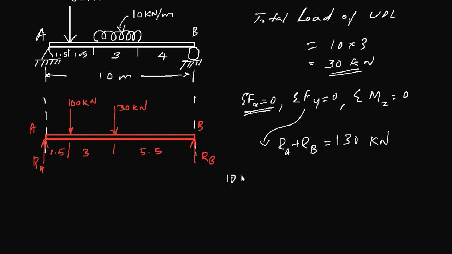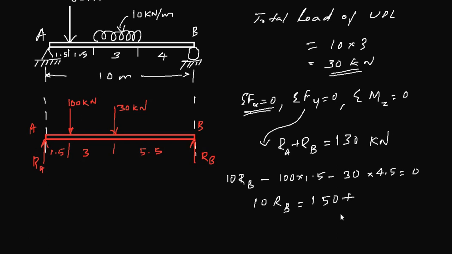So 10 RB minus 100 kilonewton at 1.5 from A, so 100 times 1.5 minus 30 times 4.5 equal to 0, or 10 RB is equal to 150 plus 30 times 4.5, which is equal to 135.